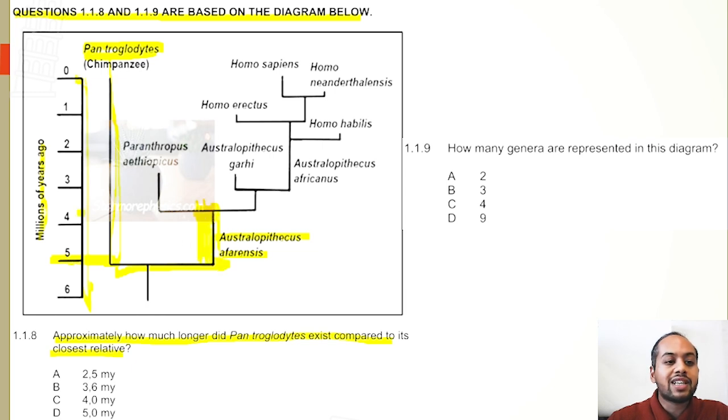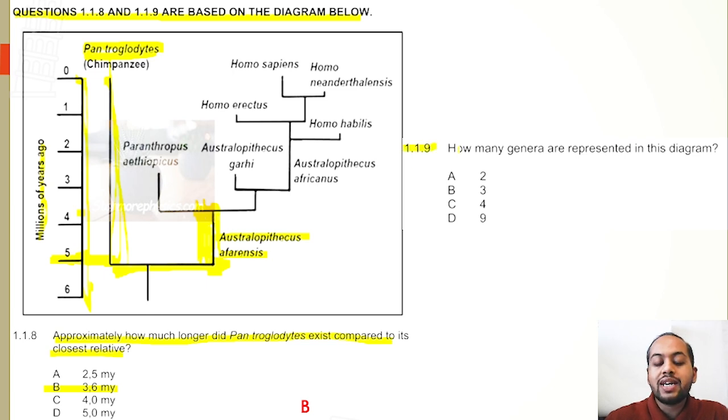So we subtract this 5 from 1.4, which will give us 3.6. And therefore the answer is 3.6, which is going to be B. So we take this 5 minus that 1.4 for Australopithecus afarensis, which is going to give us 3.6 million years ago.